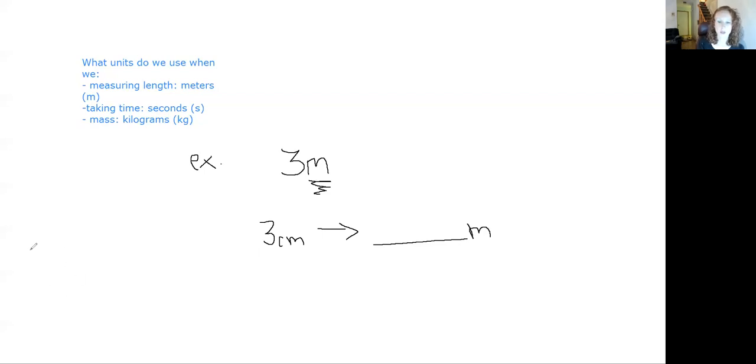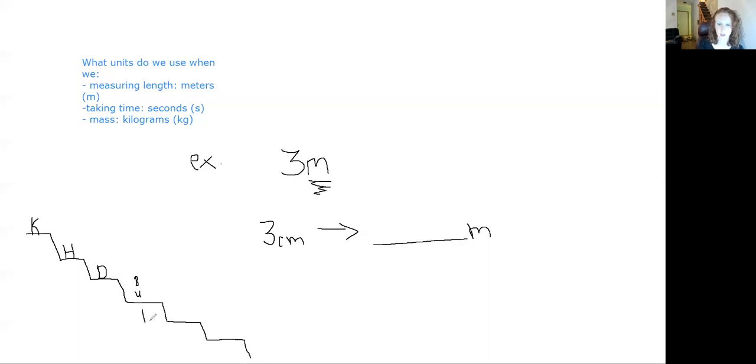Well, we can use a little staircase to convert. We have kilo, hecto, deca, our base unit, which would be a meter, a second, a liter, a gram.